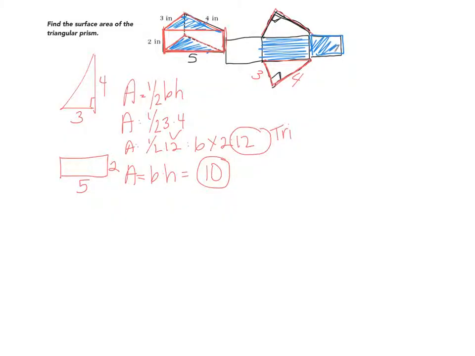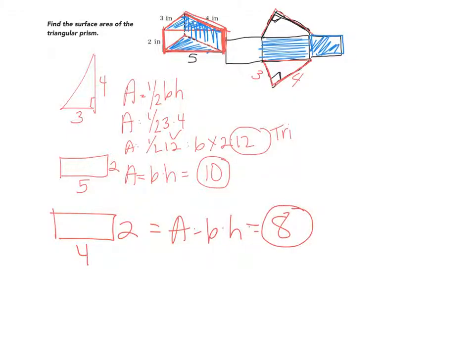That side is going to match this back side over here, and if I look closely, I can see the top is going to be 4 all the way across, and then the height's going to be 2. So our next rectangle is going to be 4 by 2. So area equals base times height, which is going to give us 8, and we don't have a repeat of that.